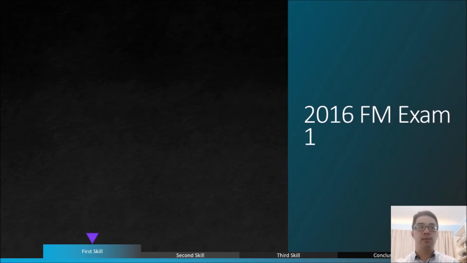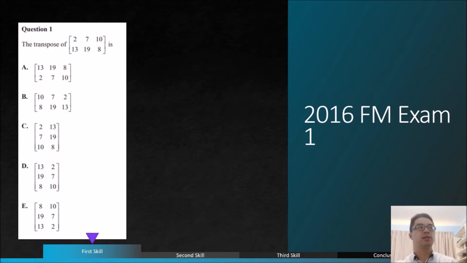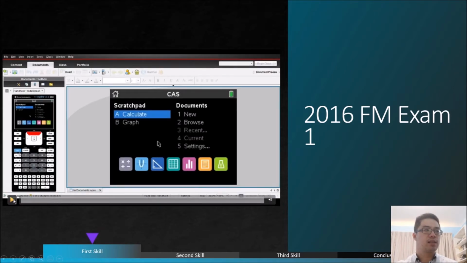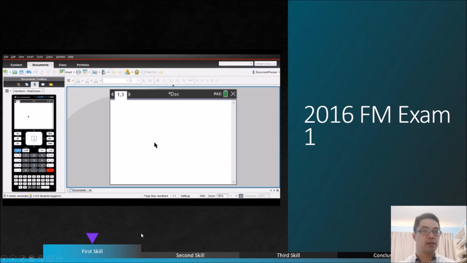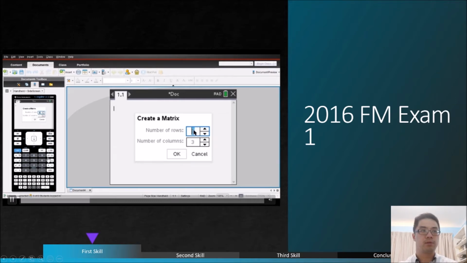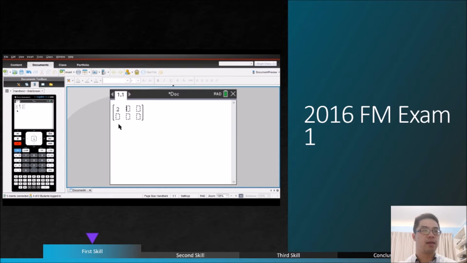2016 Federal Maths Exam 1, question 1 was: find the transpose of that, which isn't too hard. Grab your CAS calculator, make sure you go to calculator, go to creating a matrix. It was a 2 by 3, so 2 rows, 3 columns, and then put them in.